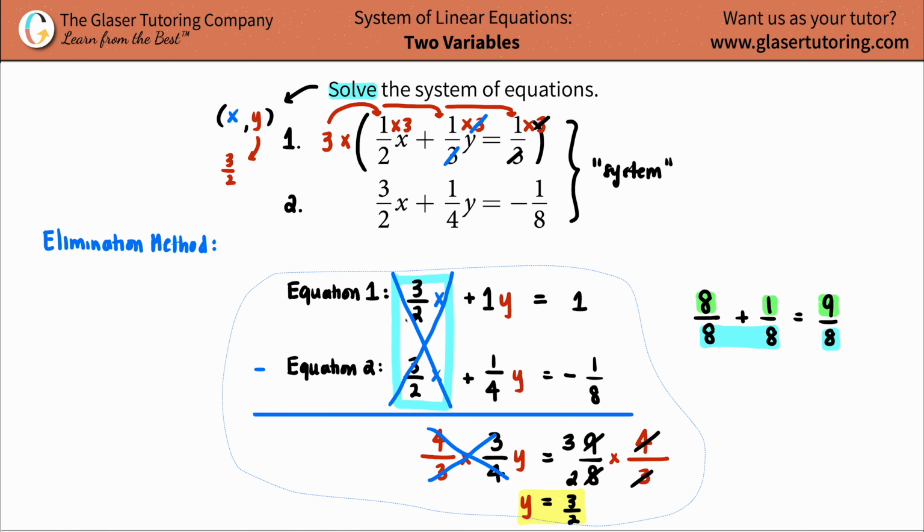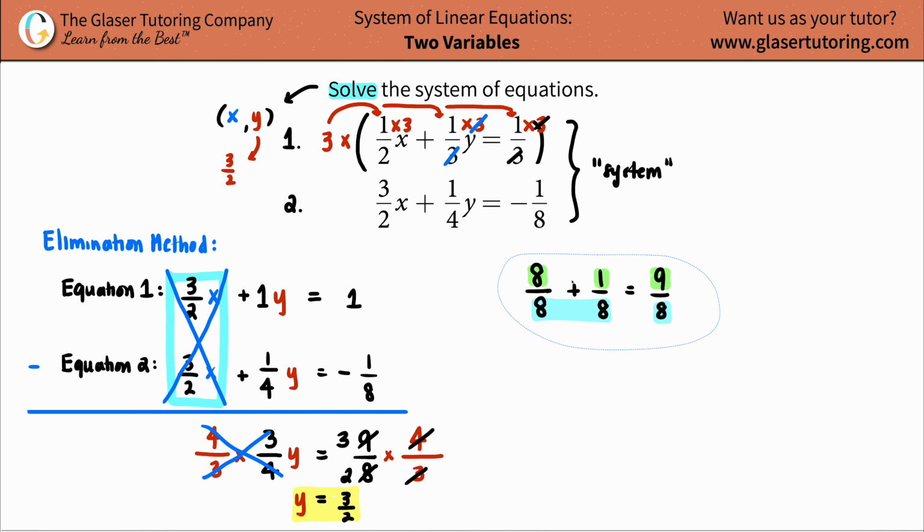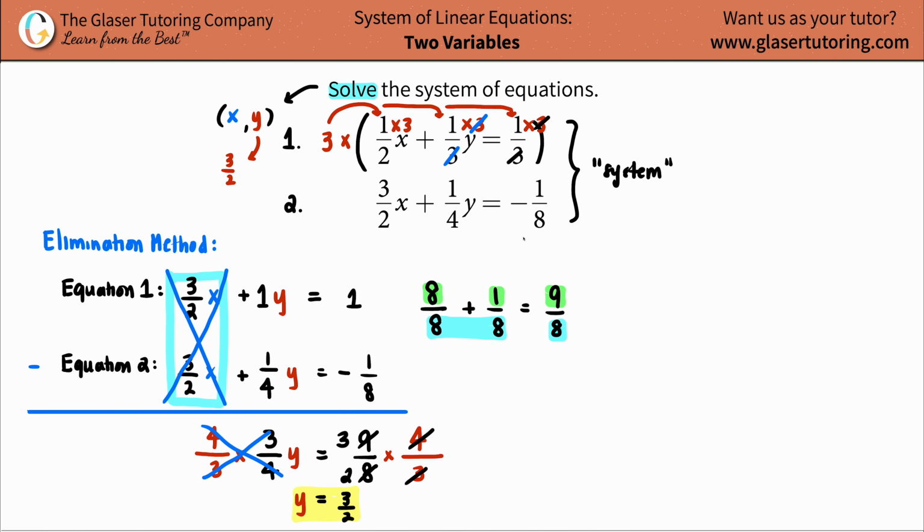Now, since we know the y value, what we can do is use one of the equations that were stated in the beginning and just plug in y equals 3 over 2. Choose the easiest one that you want to work with, whether you want to do 1/3 x and 1/2 y, 1/2 x and 1/3 y, or 3 over 2 x and 1/4 y. It doesn't really matter to me. Maybe we'll do equation 1.